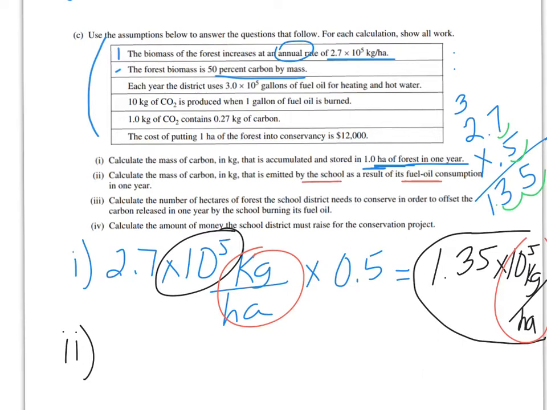So let's see. The district uses this much gallons of fuel oil. It doesn't say school, but I think they mean that for district here. And they want to know the mass of carbon. So it says here this much CO2 for each gallon, and then this much carbon per CO2.